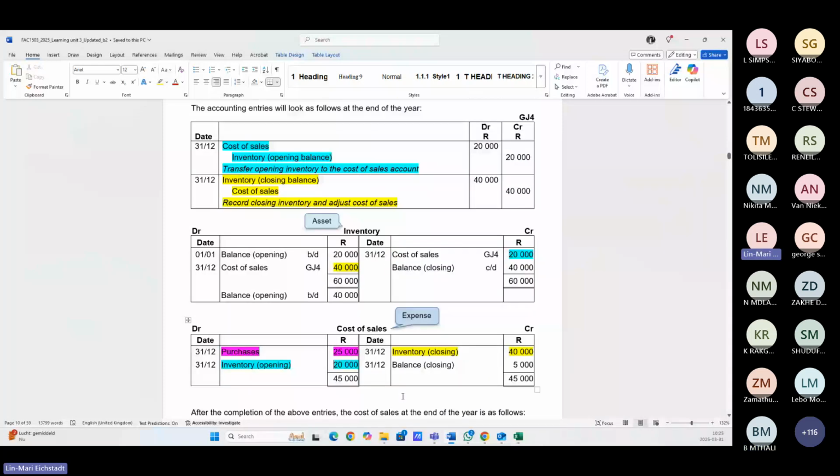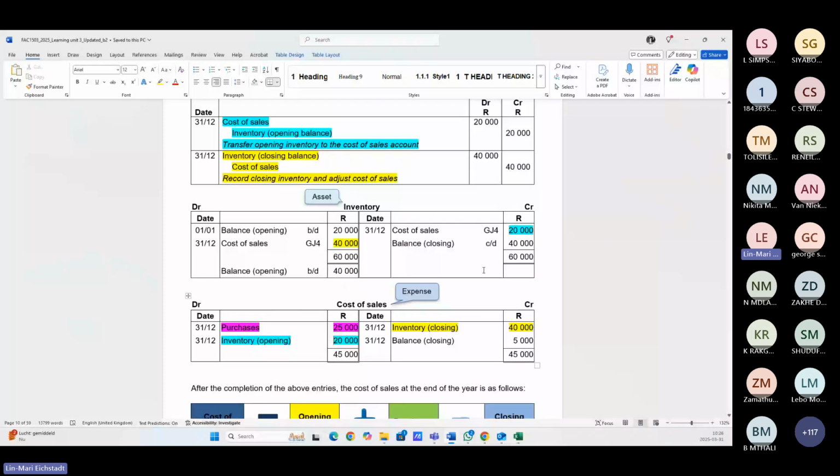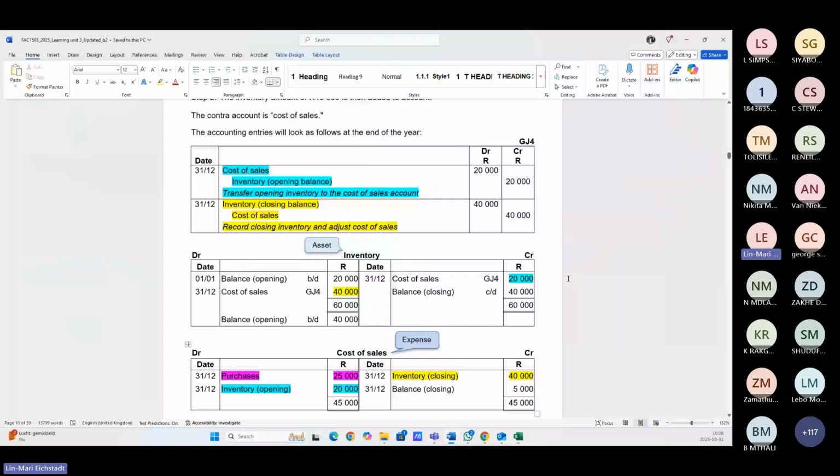Is it because with the T accounts you don't know what is plus and minus? I'm just trying to understand. No, it's not about the T accounts. Okay. I'm trying to understand where the gap is. So if somebody can put it in different words for me, that is much appreciated. If you can try explain to me what you're not understanding here, then I can try reiterate that.